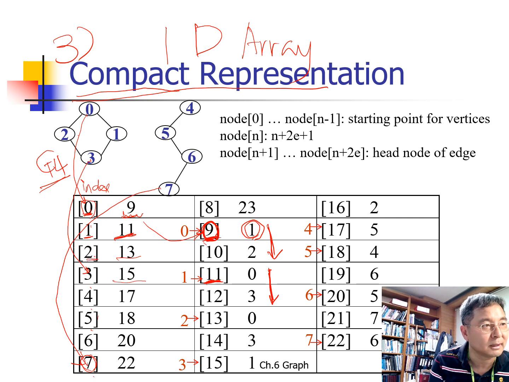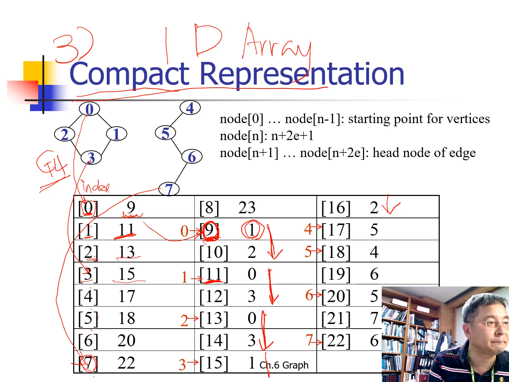Then 15 will store the adjacent vertices of vertex 3, until 17.